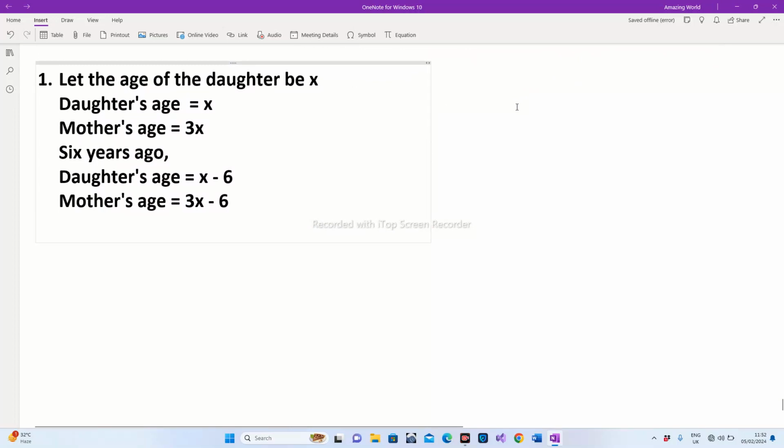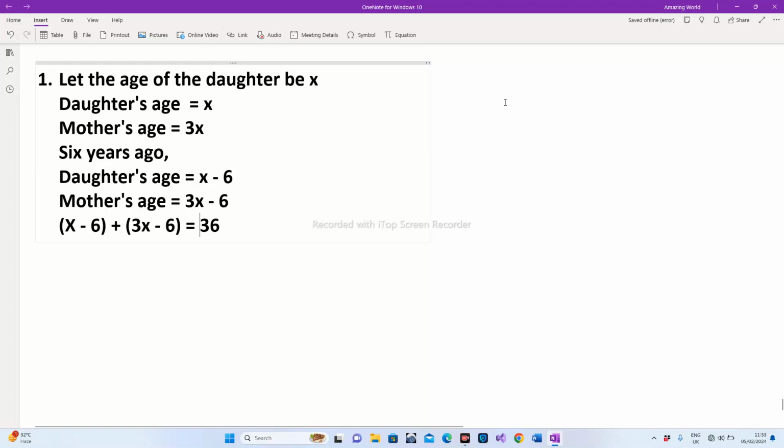That means I will have x minus 6, which is the age of the daughter 6 years ago, plus the age of the mother 6 years ago. I hope you're following suit, equals 36.